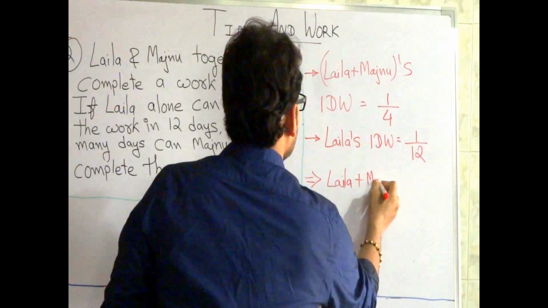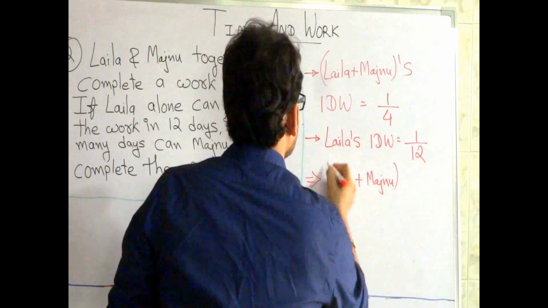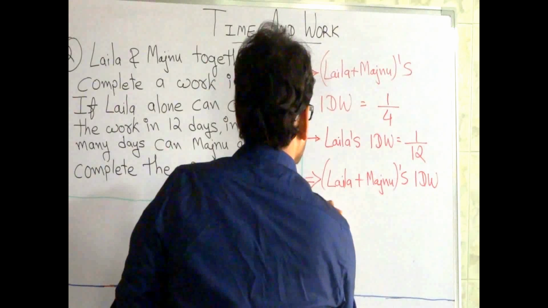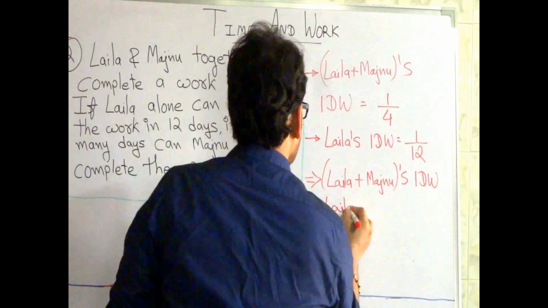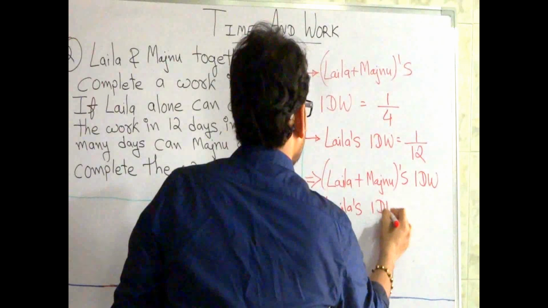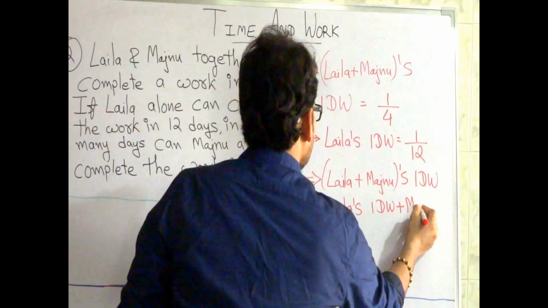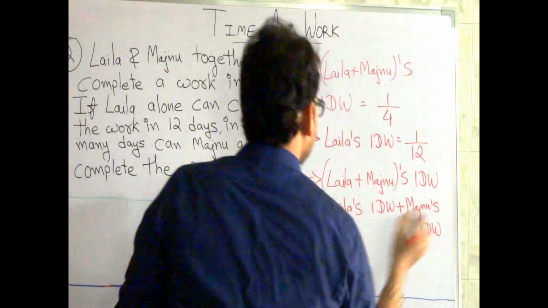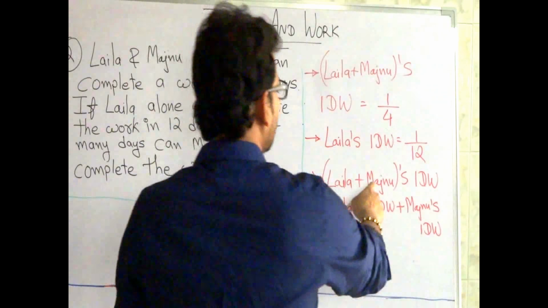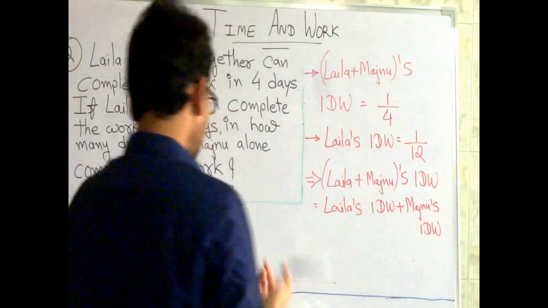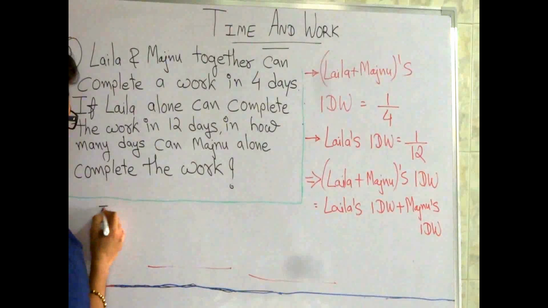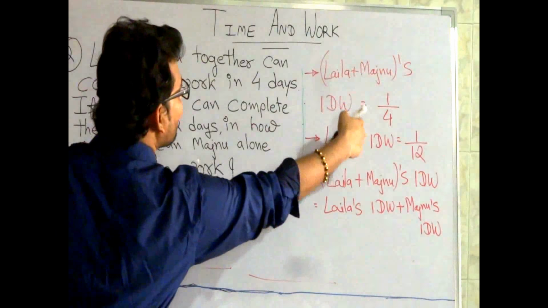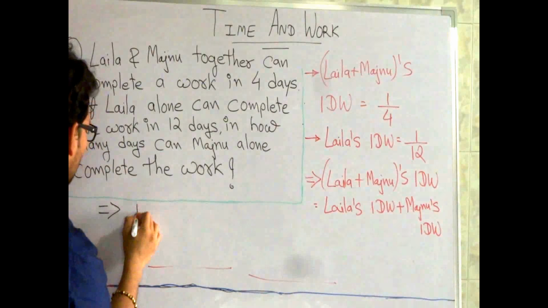Laila plus Majnu's 1 day work is equal to Laila's 1 day work plus Majnu's 1 day work. Here we know this one and we know this one, and we have to find this one. Simple. So how to do? Laila plus Majnu's one day work we have found out, we are having 1 by 4.